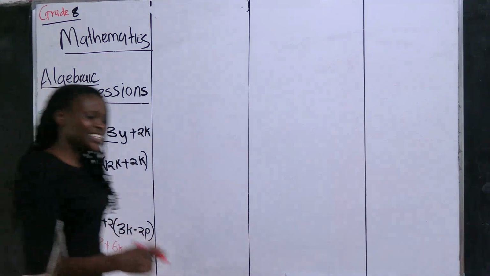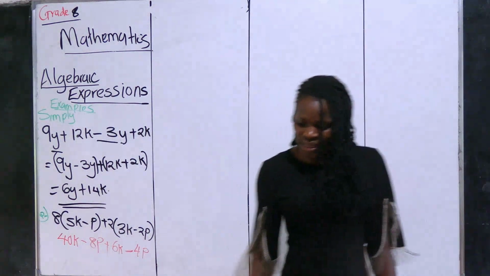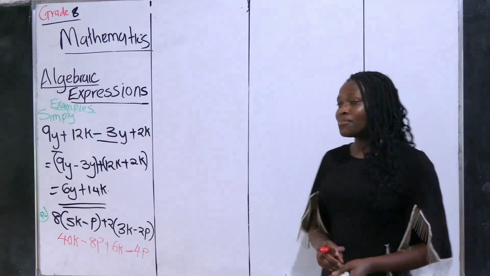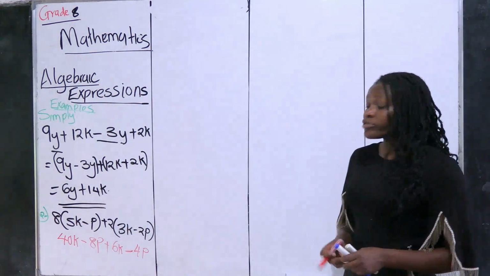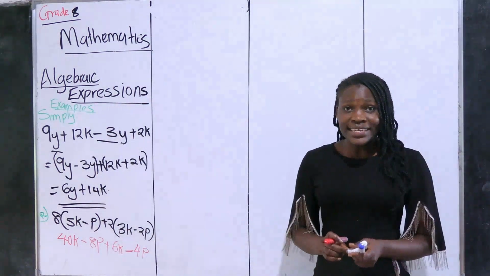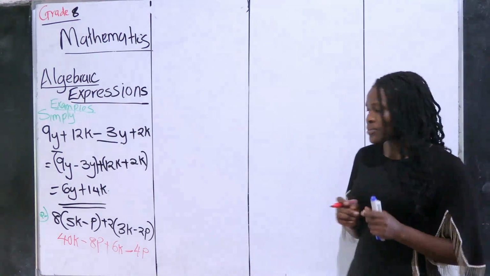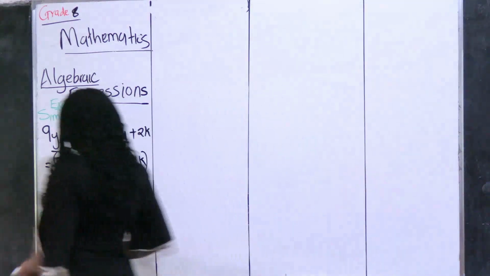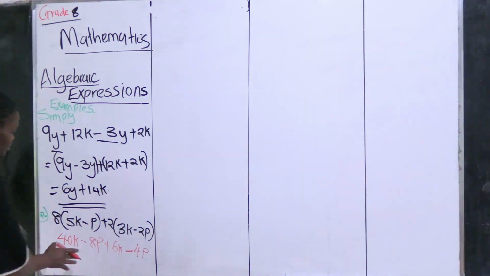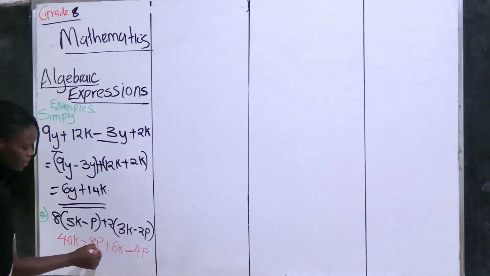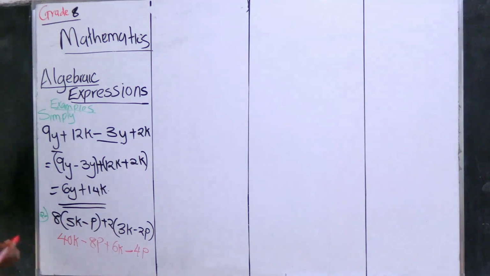Since we have opened our brackets, I want us now to collect what? The like terms. We're going to collect the like terms, where now we have k and we have p. So let's start with k.